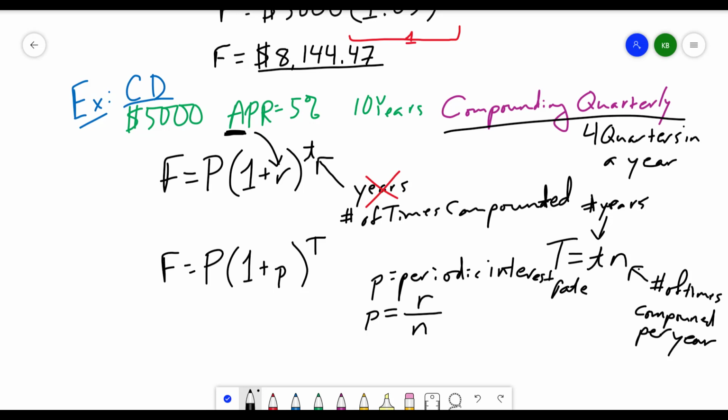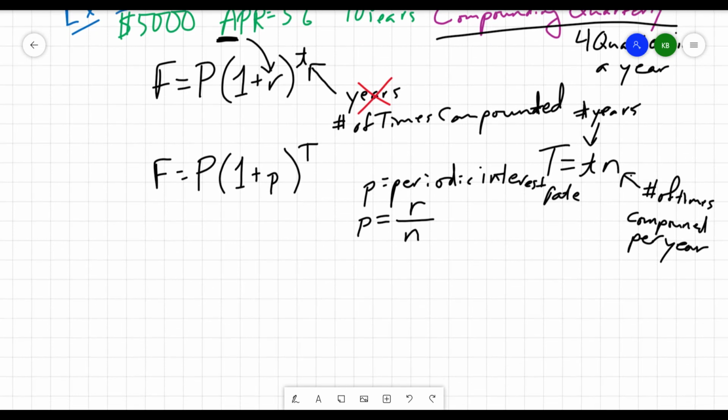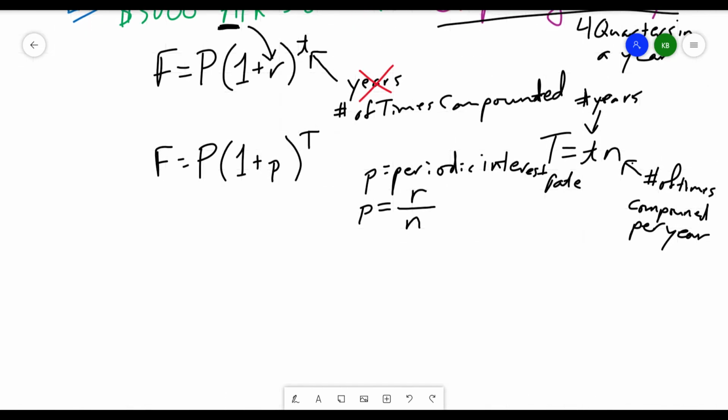And if we were to compound monthly, so every month, we would use 12 for our n, and this periodic interest rate would be a monthly interest rate. So let's go forward with our compounding quarterly example that we have here, and let's fill in some values.